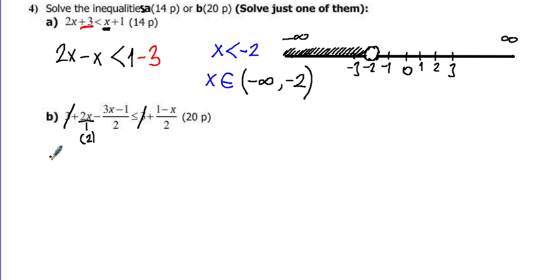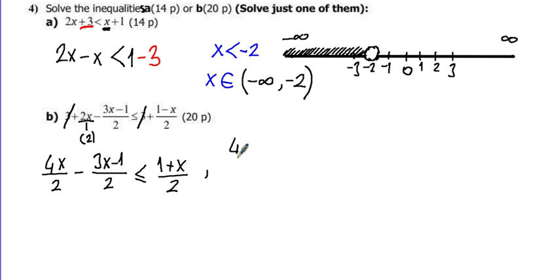If I solve it, I have 4x over 2 minus 3x minus 1 over 2 less or equal to 1 plus x over 2. Okay, so I write it with one common denominator. 4x minus 3.